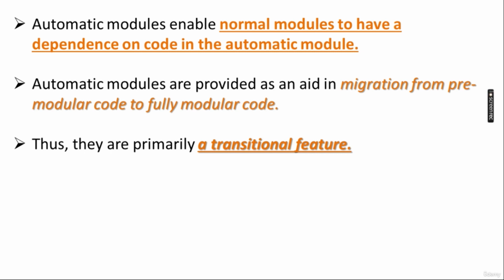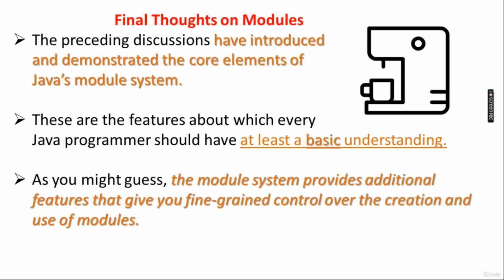Automatic modules are provided as an aid to migration from pre-modular code to fully modular code. They are primarily transitional features.